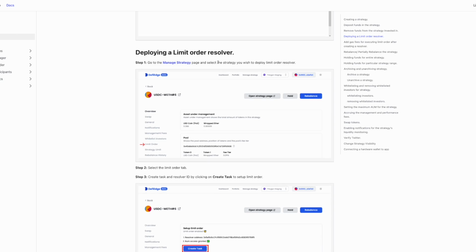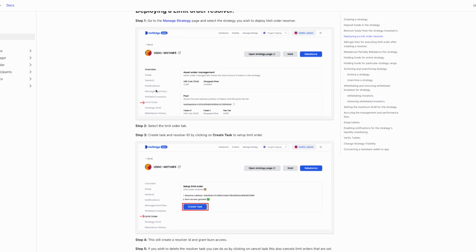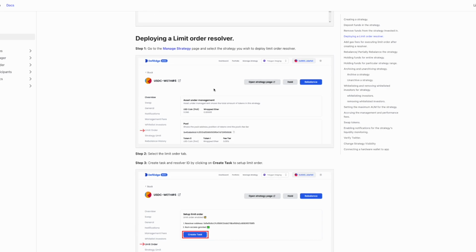Deploying a limit order resolver. One of the things that the strategy manager can deploy is a limit order. Now, let's say he has some USDC that you've given him, and it's like, oh, I don't want to use this to buy ETH right now because ETH is up quite a bit and it's going to come back down.